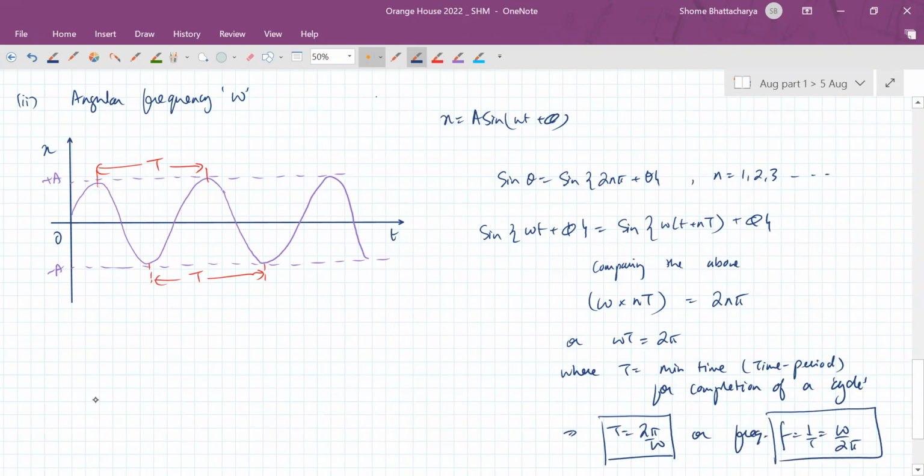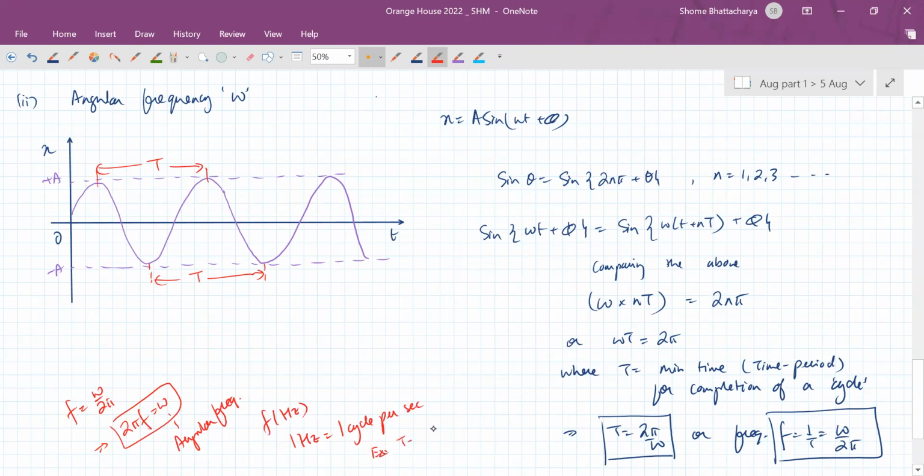Frequency is measured in hertz, where 1 hertz is 1 cycle per second. So for example, if the time period of some oscillation is 20 milliseconds, then the frequency will become 1000 by 20, or 50 hertz.